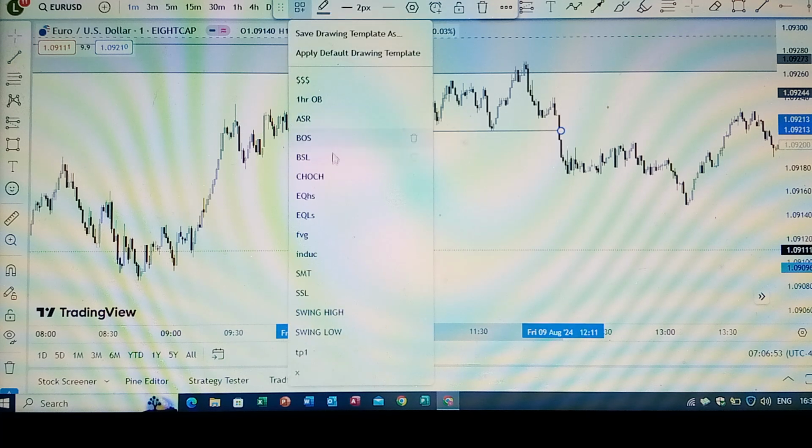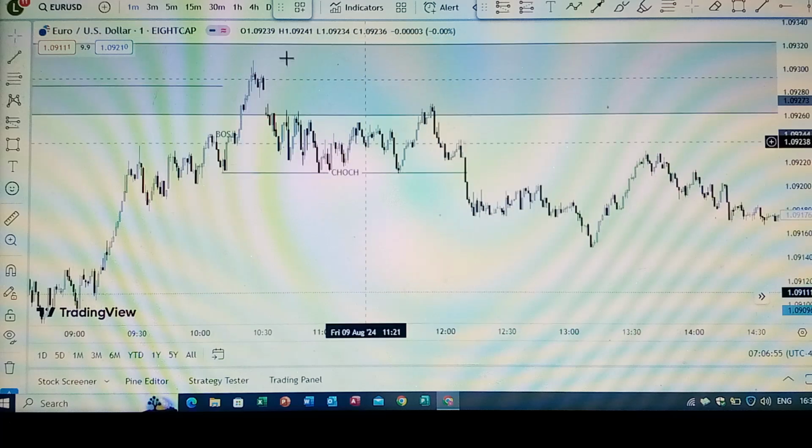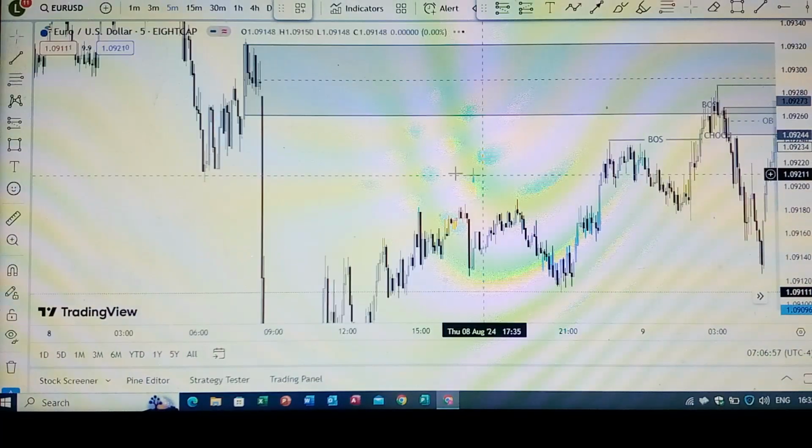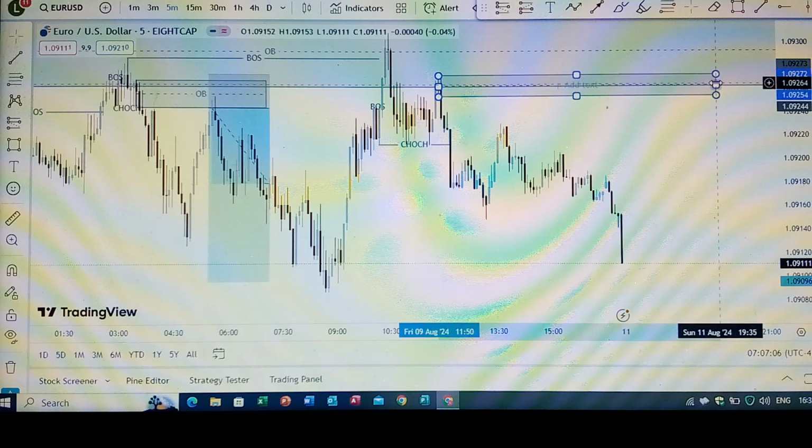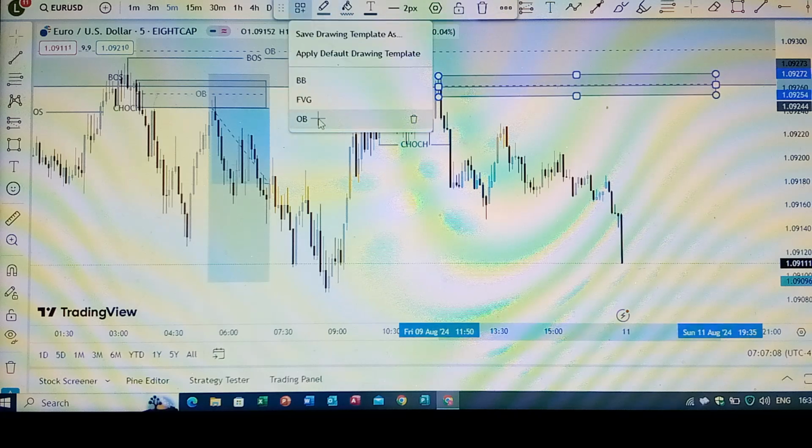If you go back to the 5-minute time frame, you would have taken your entries from this level right here. This is the order block that caused the change of character.